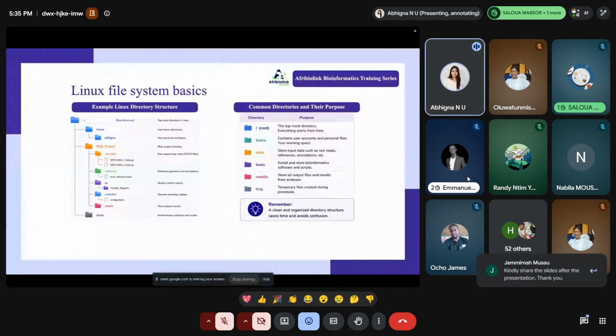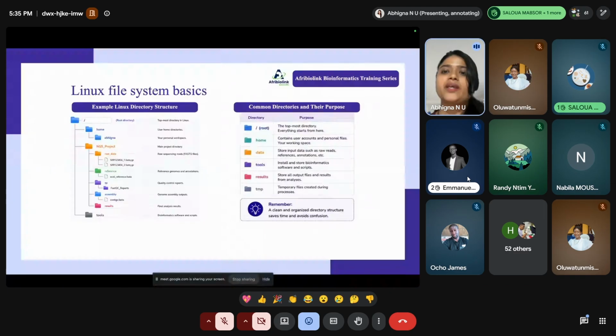You have very specific folders for everything that you do, and these are the common directories and their purposes which are used in Linux.